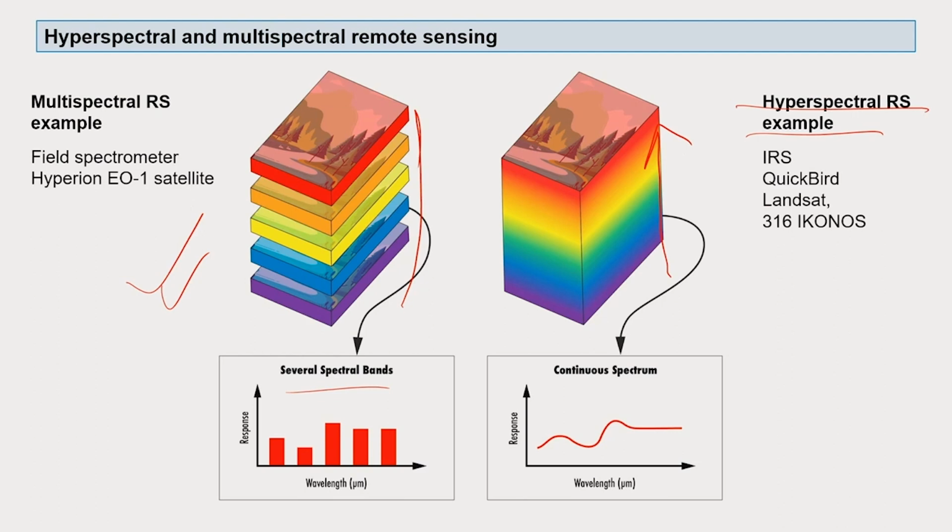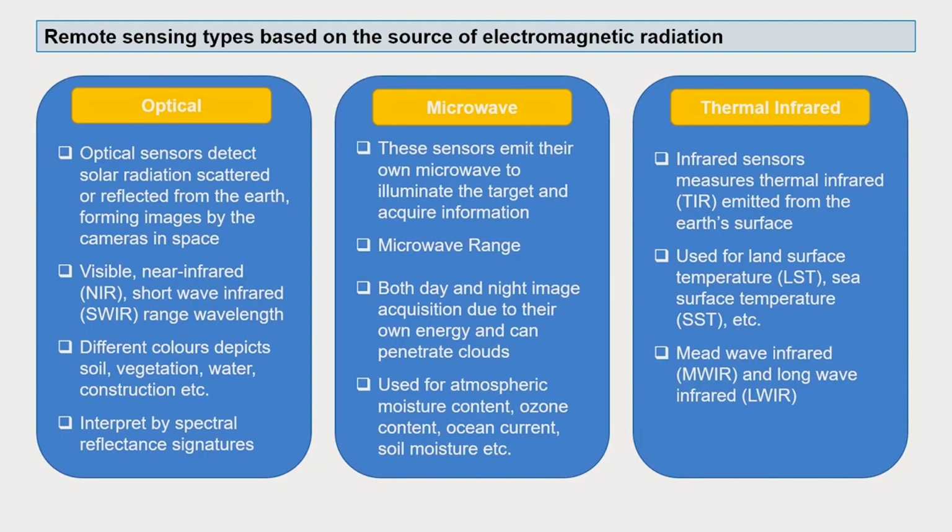As I said, these two have different beneficial points. In one we have very costly data and instrumentation, and here we have somewhat poorer resolution. So you have to make a trade-off between these two. For certain purposes you can go for multispectral, for certain others hyperspectral.